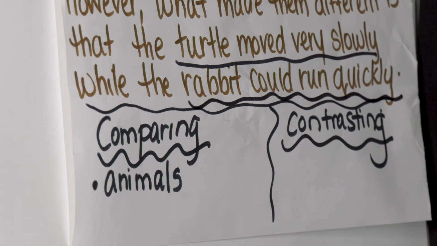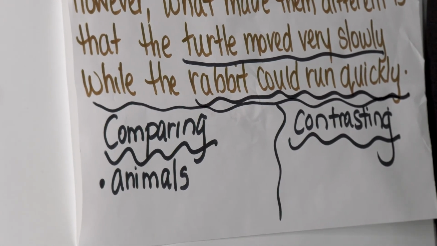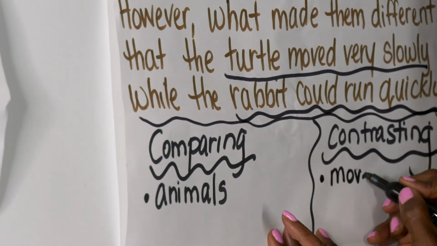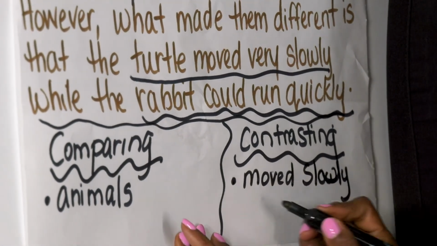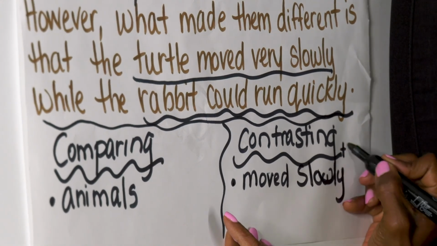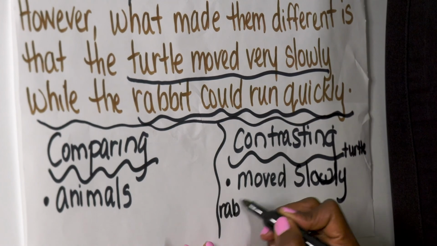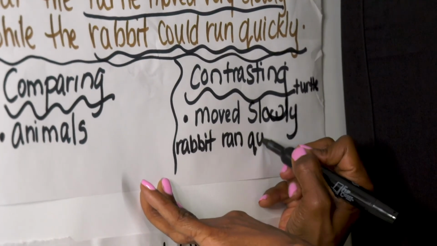So I'm going to write that down under my contrasting. And you should too, write it down in your journal as well. So the turtle moved slowly, and the rabbit ran quickly.